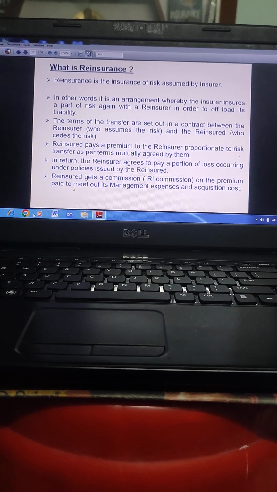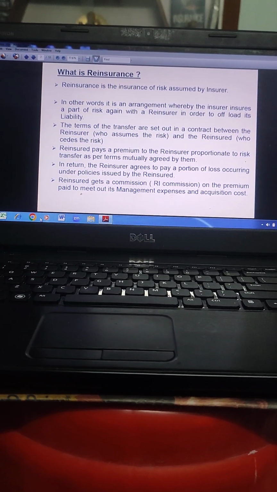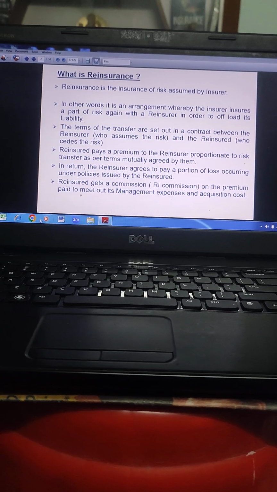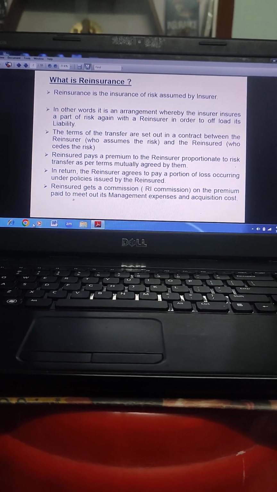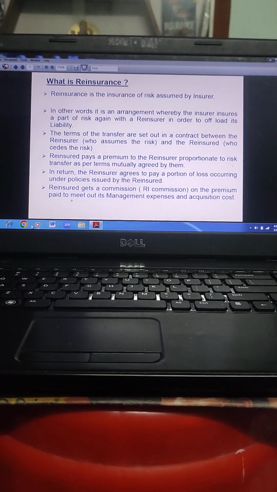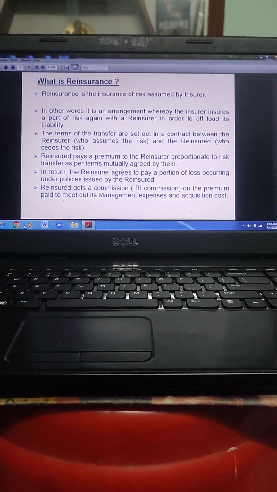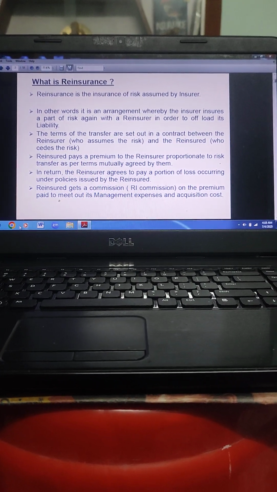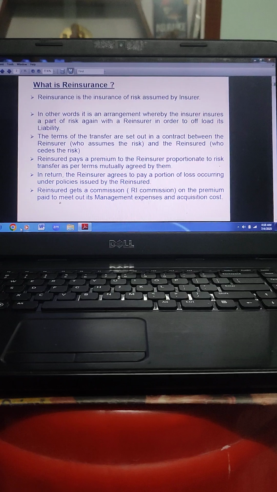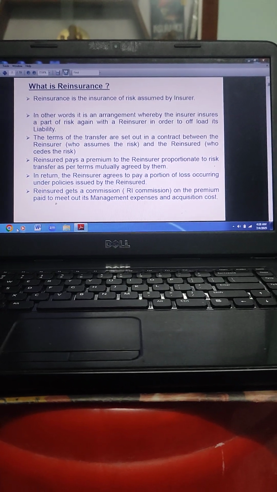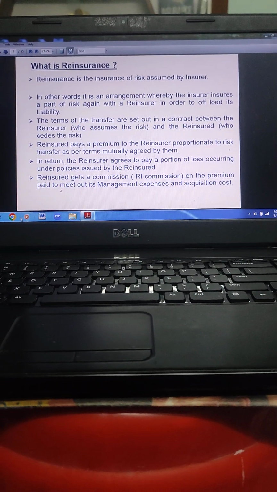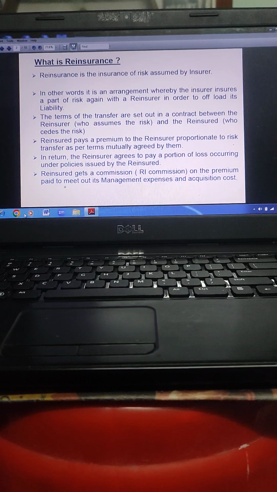The reinsured pays a premium to the reinsurer proportionate to the risk transferred, as per terms mutually agreed. In return, the reinsurer agrees to pay a portion of loss occurring under policies issued by the reinsured.